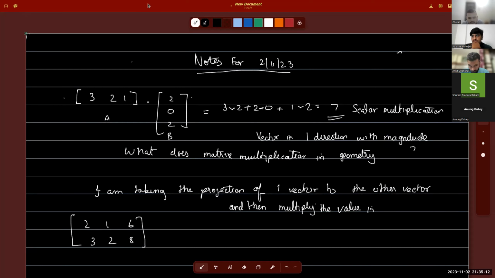What I am saying is a vector in one direction with magnitude 7 has both the positive 7 and the negative 7, because magnitude 7 doesn't specify the direction. I think you should write it as a one-dimensional unit vector scaled 7 times. Right, you can think of it as 7 times 1.